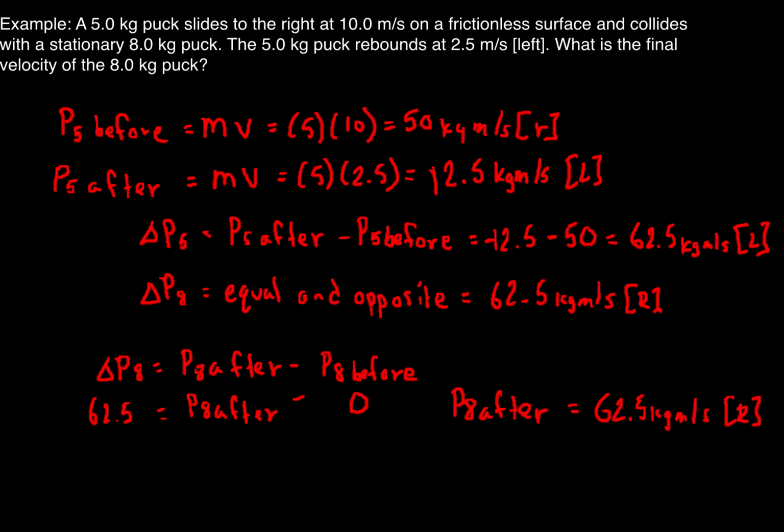This allows us to calculate the velocity of the 8 kilogram puck after the collision. Since P equals mv, v equals P over m, is 62.5 divided by 8 kilograms, which gives us 7.8 meters per second to the right.